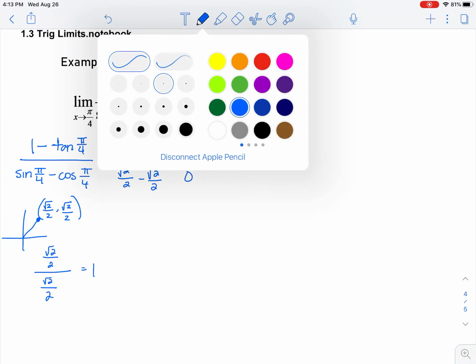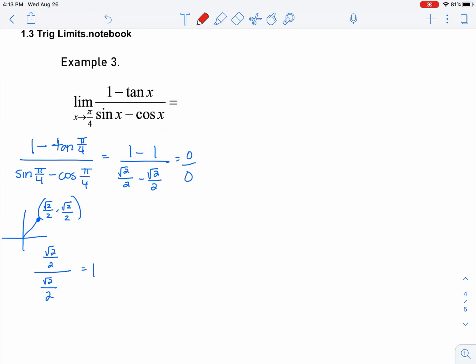That means we have to do some algebraic manipulation here. We've got to do more work. So I'm going to write tangent as sine x over cosine x again and see what I can do. So we have the limit as x approaches pi over 4 of 1 minus sine x over cosine x all over sine x minus cosine x.